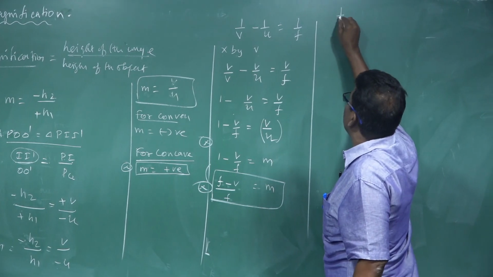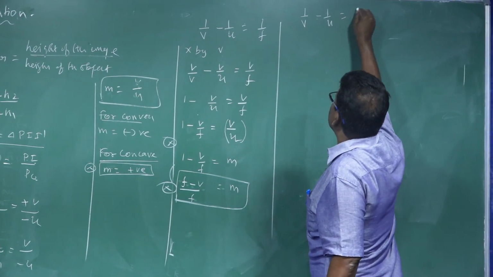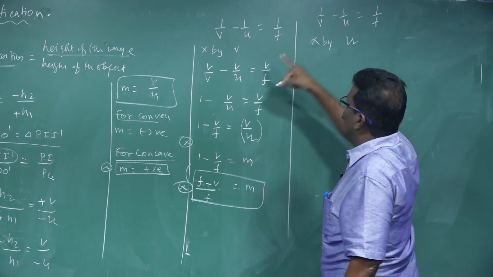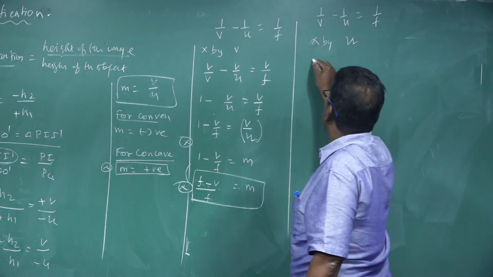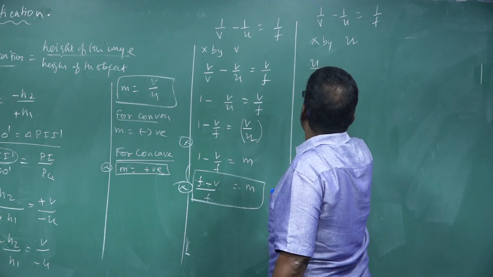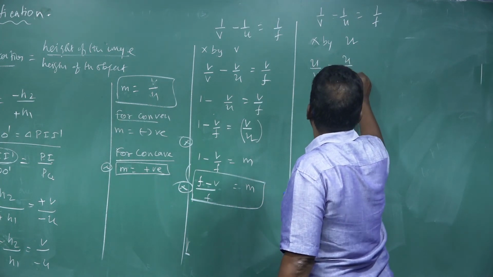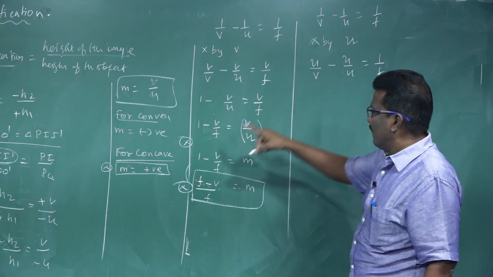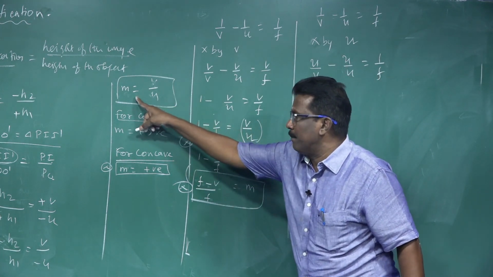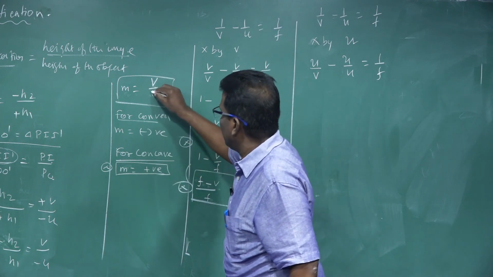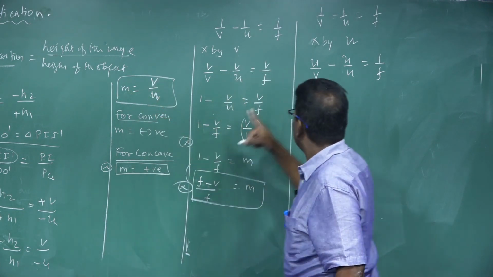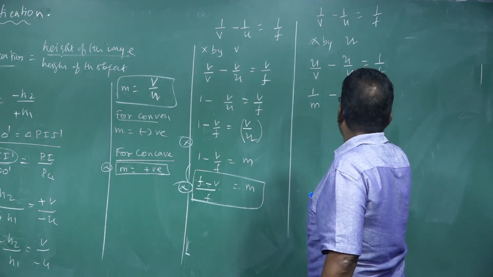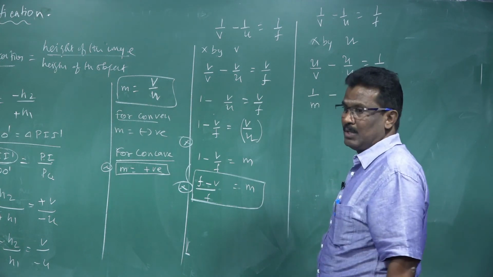Now, for the same formula, 1 by v minus 1 by u is equal to 1 by f, multiply by u. This side is u by v minus u by u is equal to u by f. v by u is M, so u by v is 1 by m.